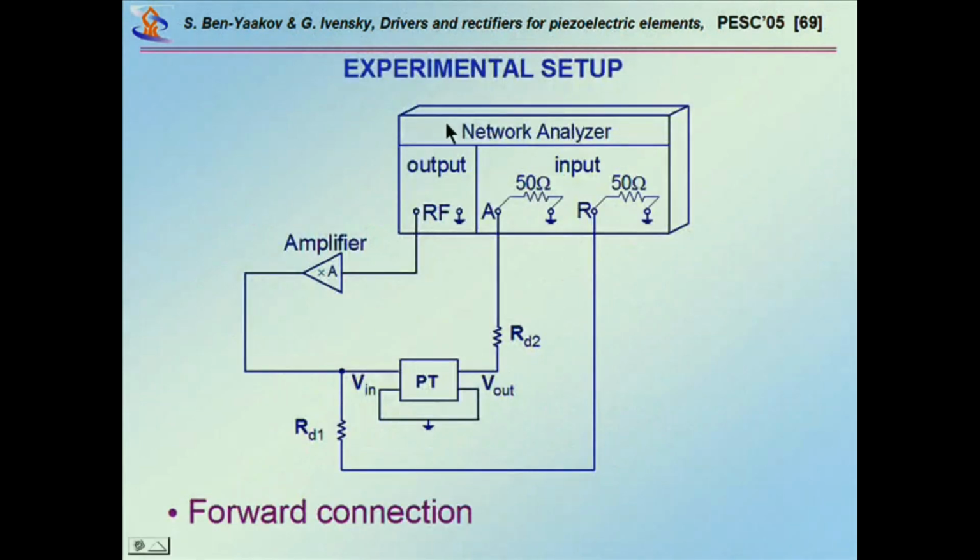So again, here what we do, we feed in, we load it. Actually, RD2 is the load of the piezo in this case, and we feed in the signal, and this is really for the forward, and then we do it the other way around, that is, we feed signal from the output back into the input.